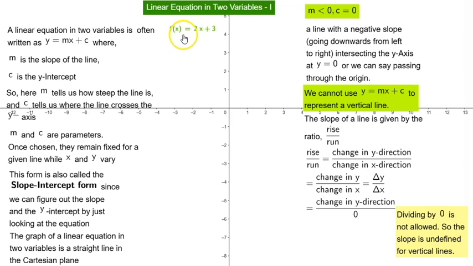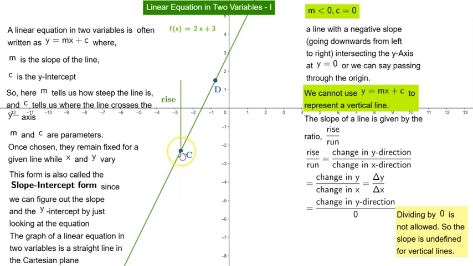So let us take the equation f of x equal to 2x plus 3, or y is equal to 2x plus 3. Taking some points x and evaluating y, we draw this graph. Now let's choose a point on this line and another point. You can pick any arbitrary point.